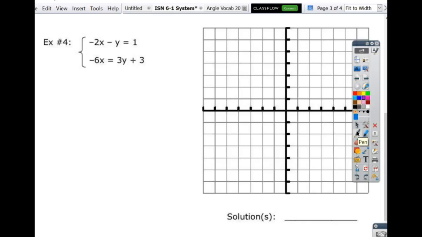So in example 3, the y's aren't solved for, so we have to solve for the y's. I want to solve for the y. So what am I going to do? Add the 2x.